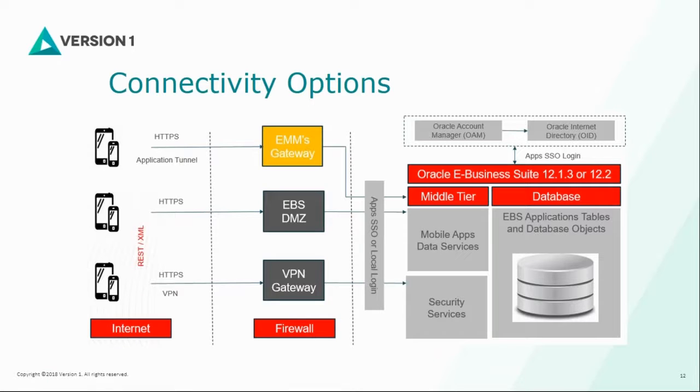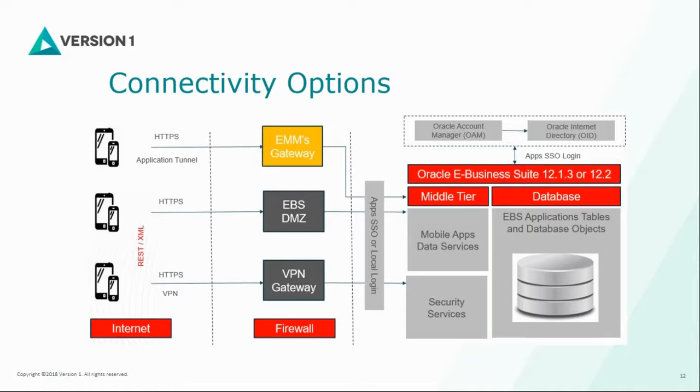Secondly, over the intranet through VPN. So if your Oracle E-Business Suite environment is not set up in a DMZ configuration, users must access the Oracle E-Business Suite mobile apps through an intranet connection, such as a virtual private network.